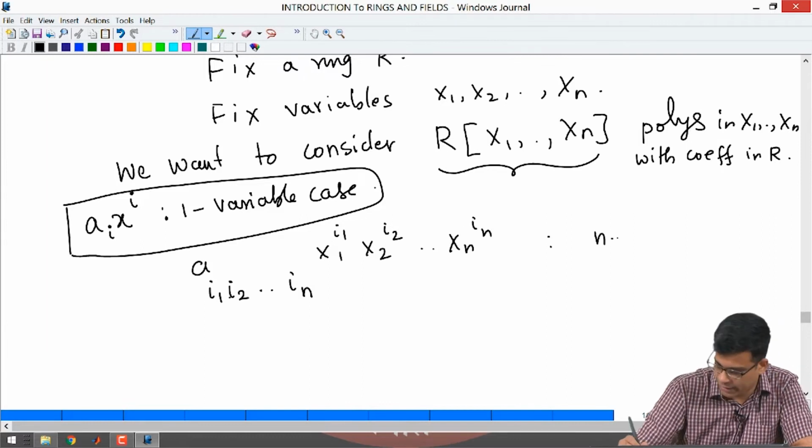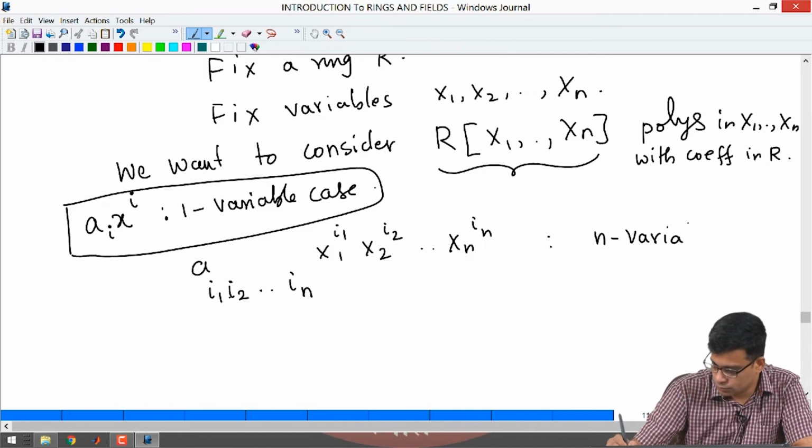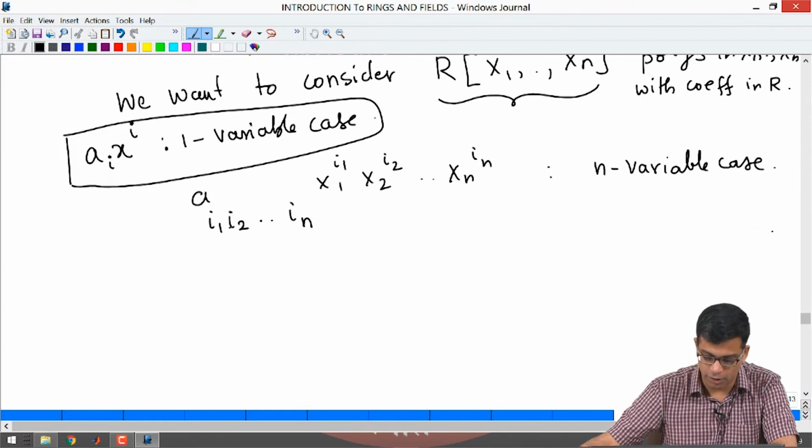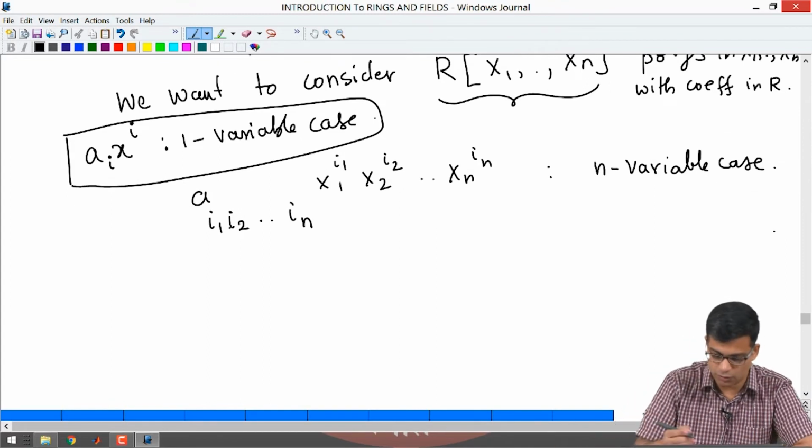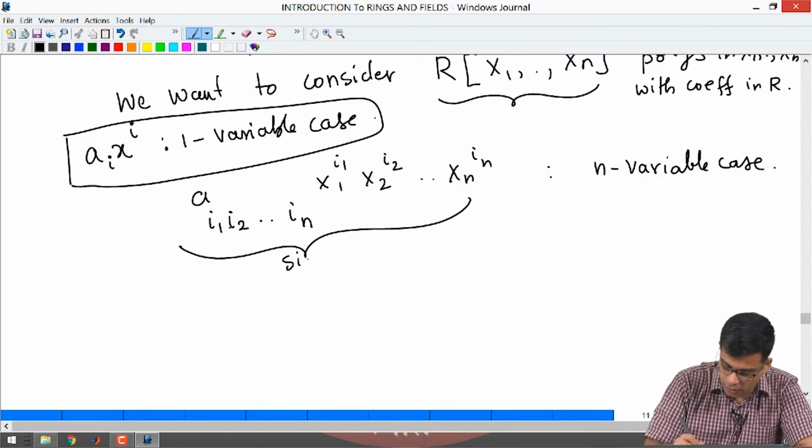So, this is the n variable case. Okay. So, in n variables, these are the monomials. So, this is a single monomial.